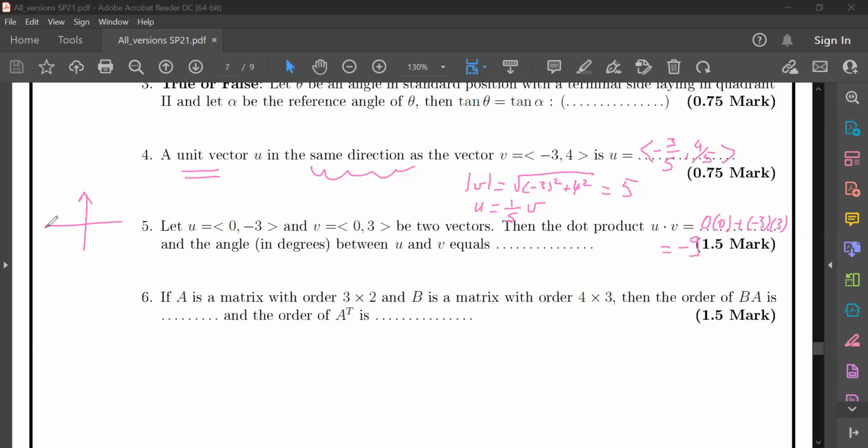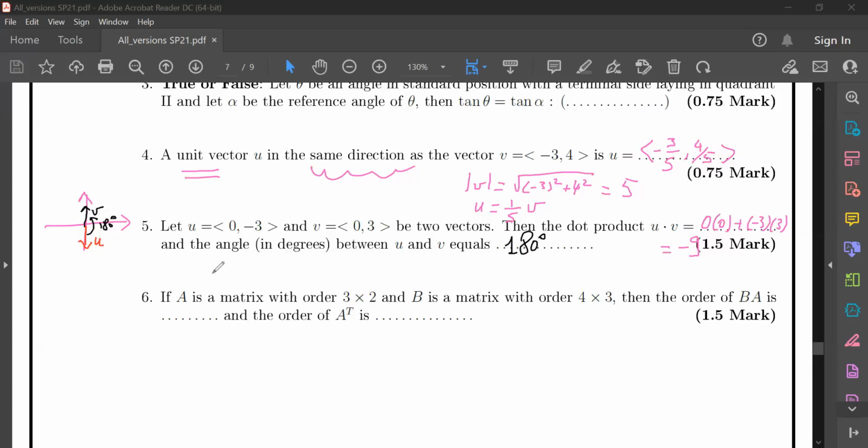We can draw U at 0, negative 3, so U will be here, like this. V is 0, 3, V will be here. So here we see that the angle is 180 degrees.